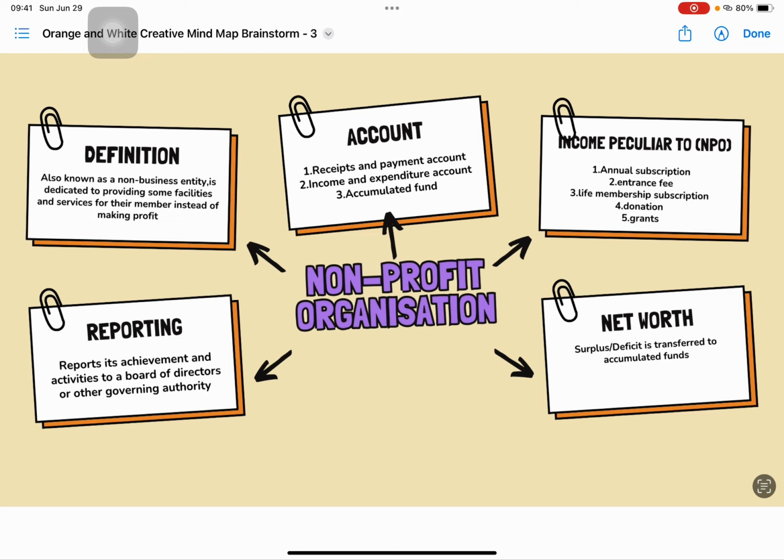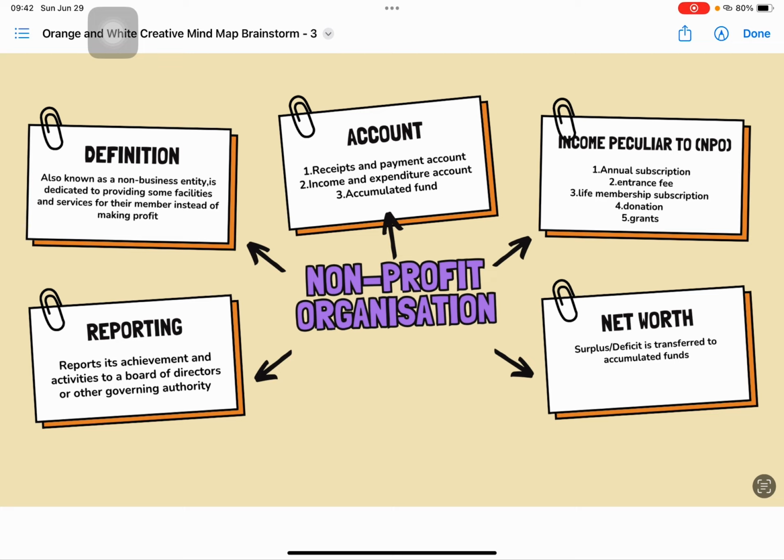Income peculiar to a non-profit organisation is that they can get money from annual subscription, entrance fee, life membership subscription, donation and grant. For the next difference between profit and non-profit organisation, net worth: for a non-profit organisation, the surplus or deficit is transferred to accumulated fund.